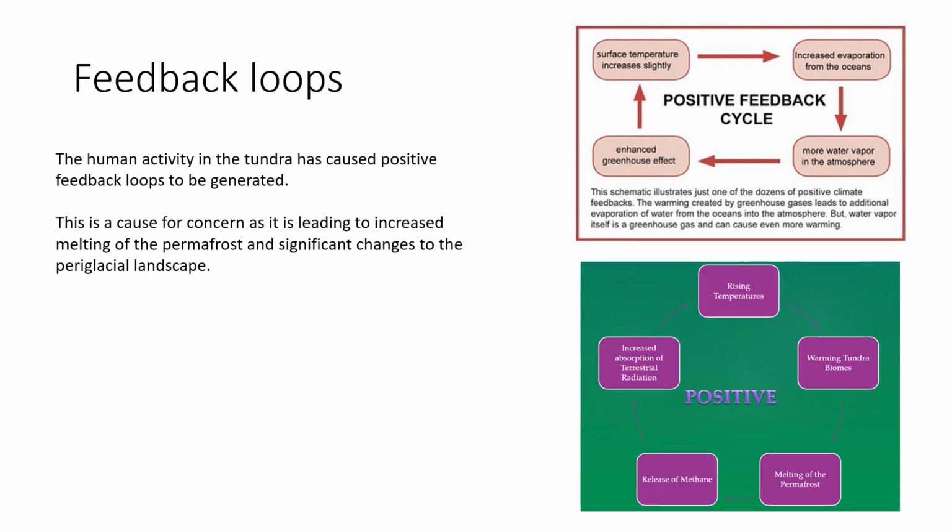If we think specifically about our tundra and our permafrost, the green diagram shows us that actually our human activity is causing rising temperatures. Those rising atmospheric temperatures are warming the tundra, the biomass that we've got there. It's changing the permafrost and the active layer.